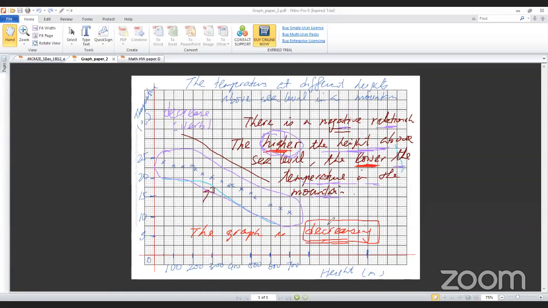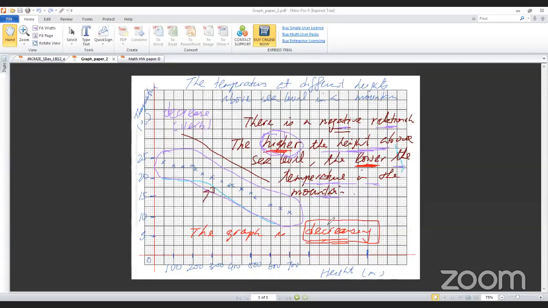It is saying that the graph, when the height gets higher, then the temperature decreases. Never mind, actually, whatever you write, if you can make the marker understand what you are writing, it is fine.